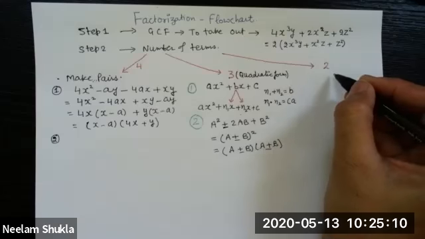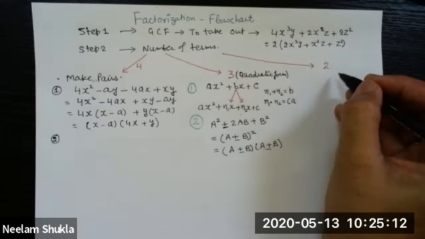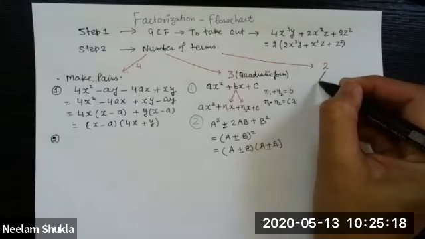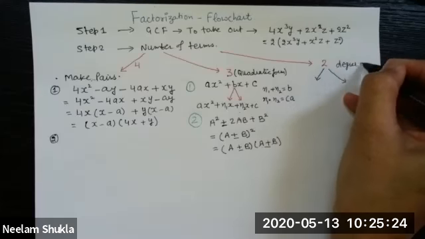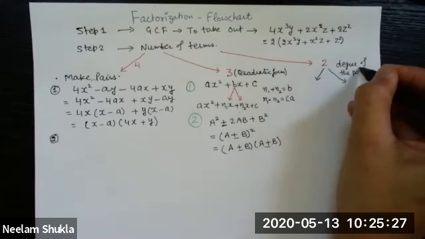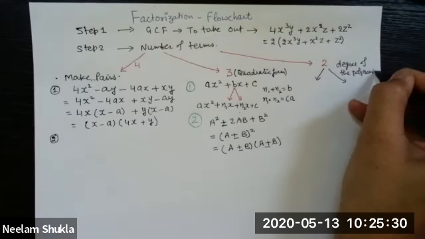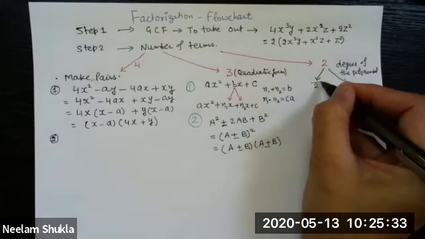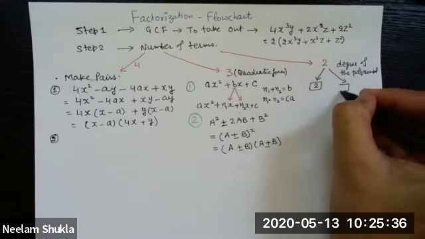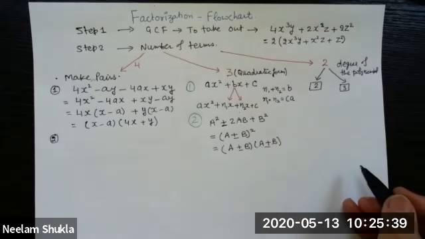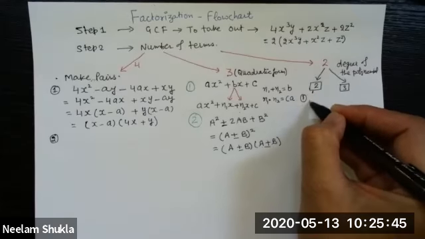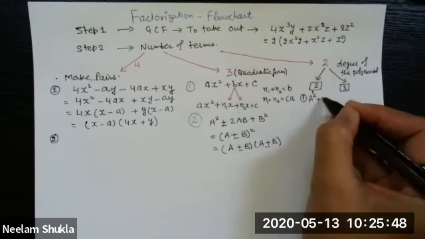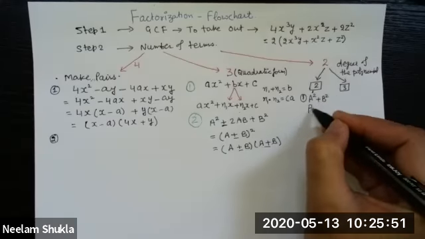Okay, let's move to the third possibility. If the number of terms is 2, you will notice the degree of the polynomial. Now, the degree of the polynomial is 2 or 3, these are the two possibilities. If your degree of the polynomial is 2, then you can have a formula of the form a square plus b square, and this is a prime polynomial.